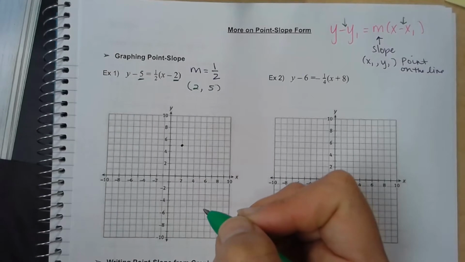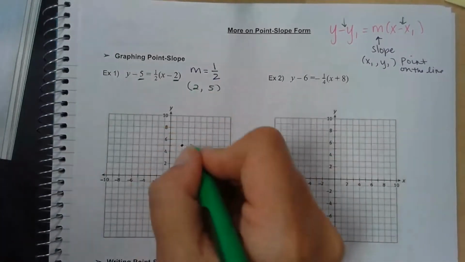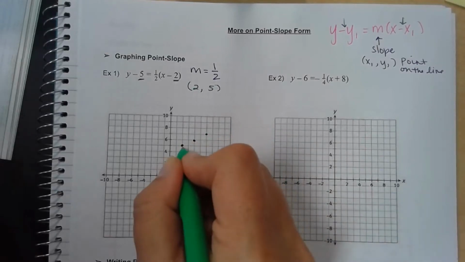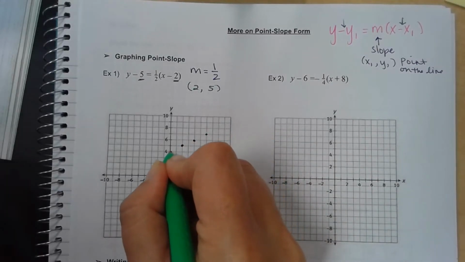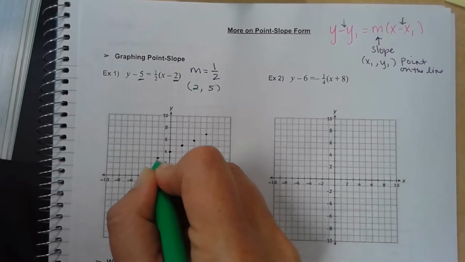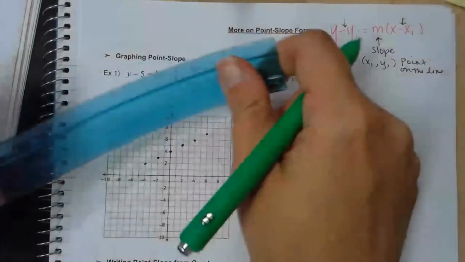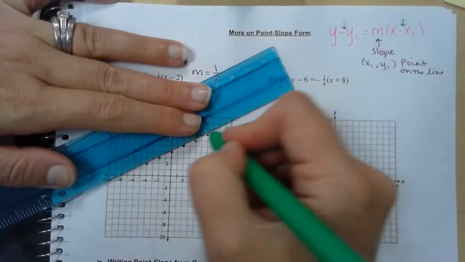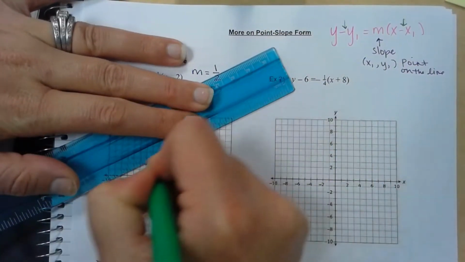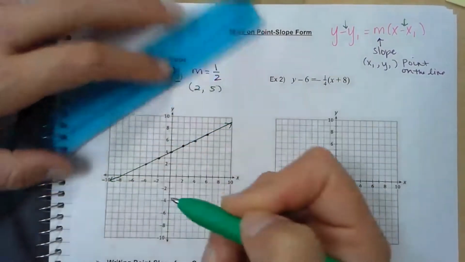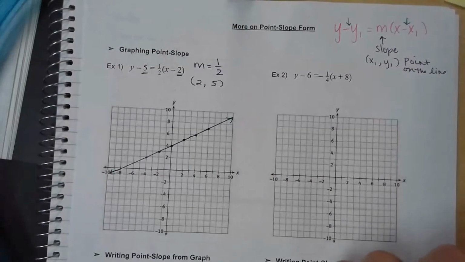And then we can use the slope of 1/2. So that means I go up 1 over 2, up 1 over 2. Or I could also go down 1, back 2, down 1, back 2, down 1, back 2, and so on. And then I can graph this. And there is my line.